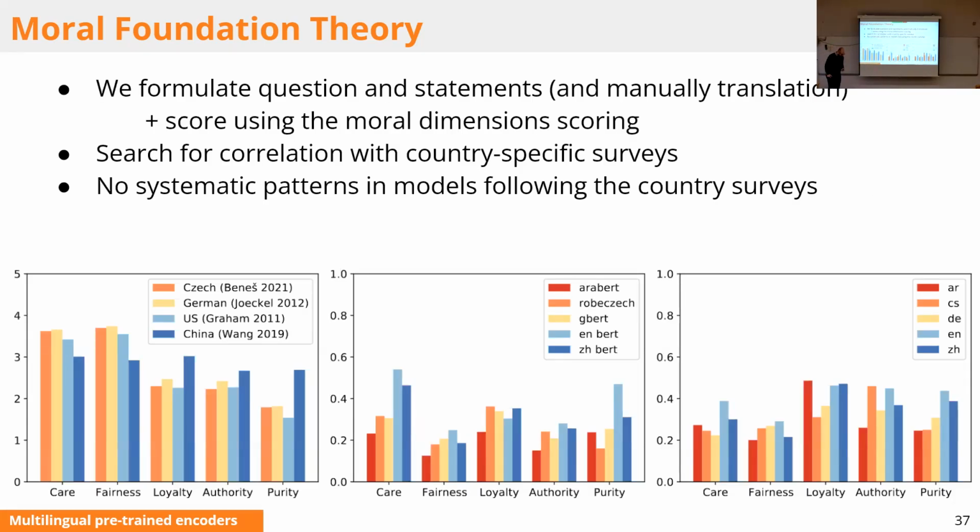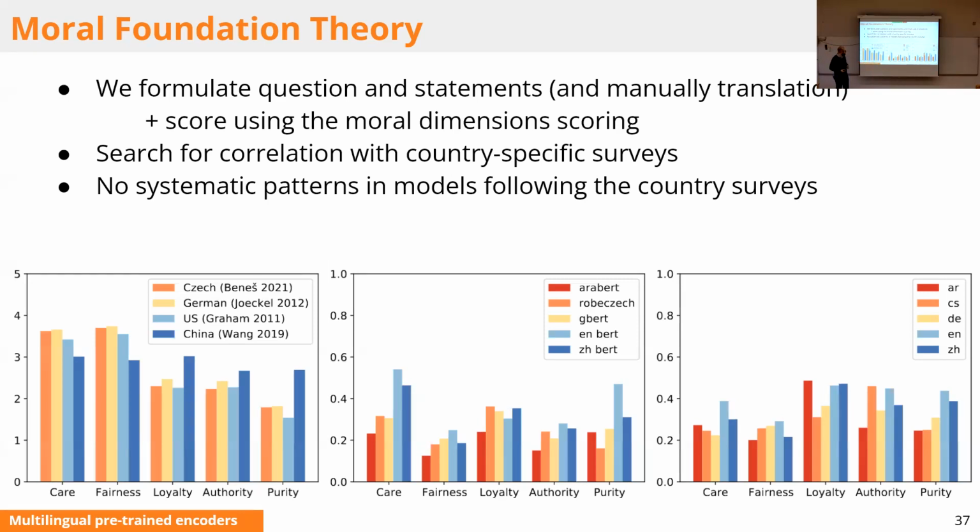And we took the questionnaire and formulated the questions as statements, and manually translated the statements into the languages we worked with, which were Arabic, Czech, German, and Mandarin Chinese. Hashim is not here, so I cannot thank him in person.